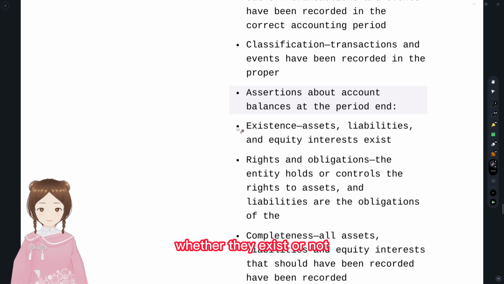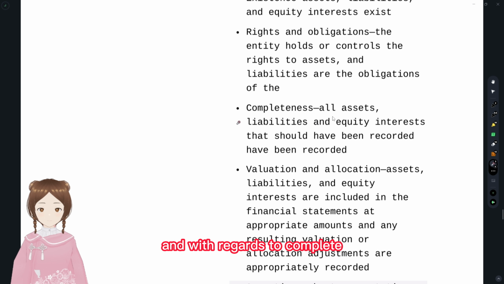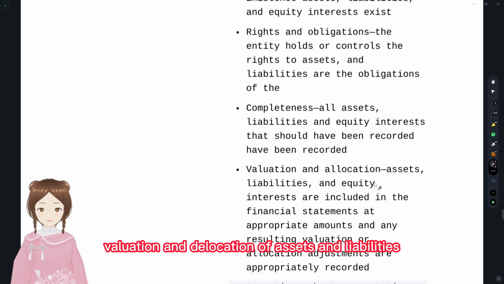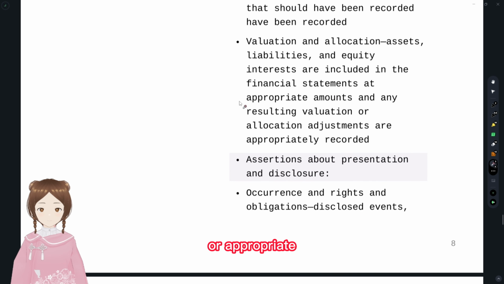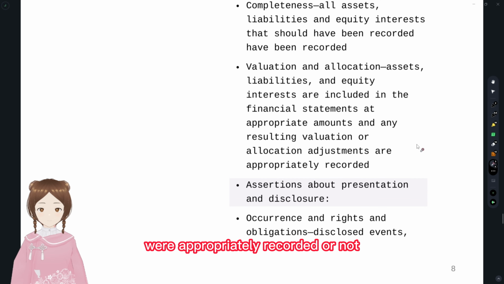Assets and liabilities, whether they exist or not. With regards to rights and obligations, whether the entity holds the control, or whether the entity has obligations to pay the liability or not. With regards to completeness, whether all the assets and liabilities have been completely recorded in the balance sheet or not. And with regards to valuation and allocation, whether assets, liabilities and equity included in financial statements were appropriate, and the allocation adjustments were appropriately recorded or not.